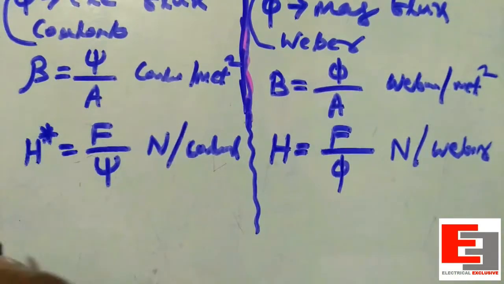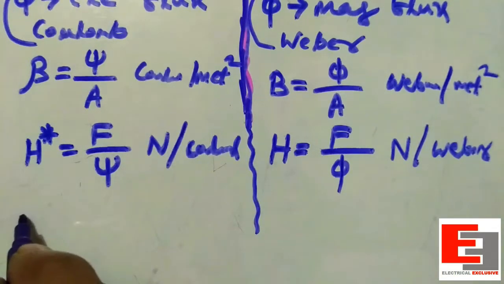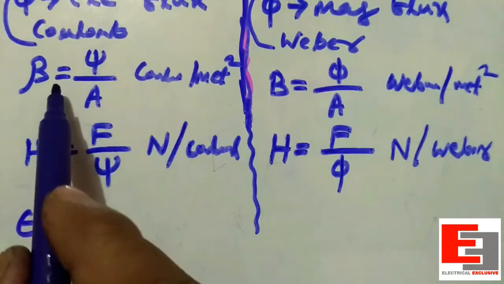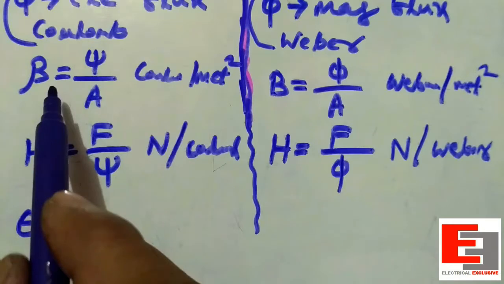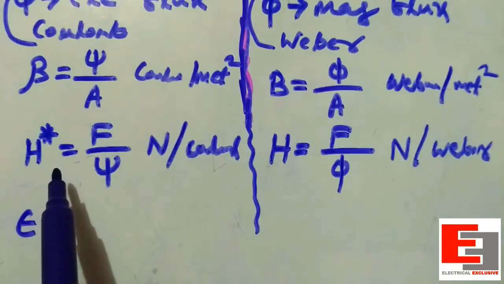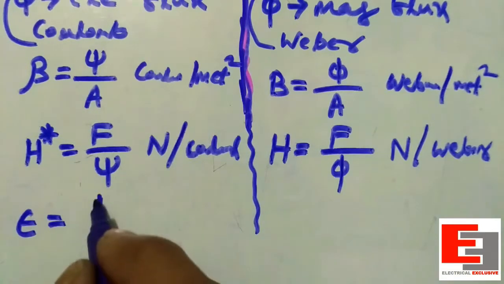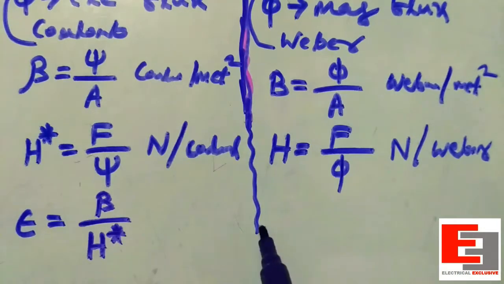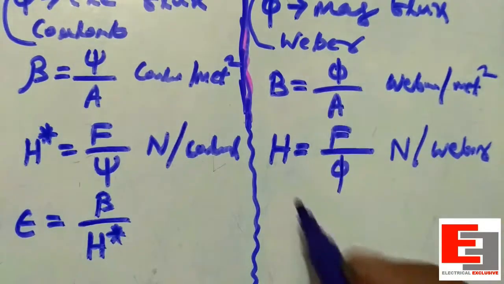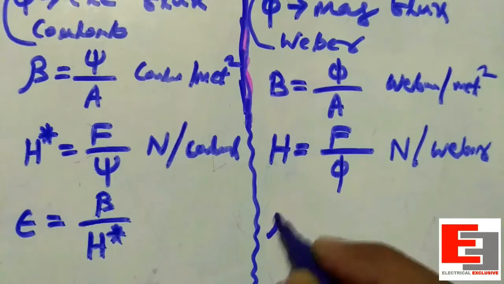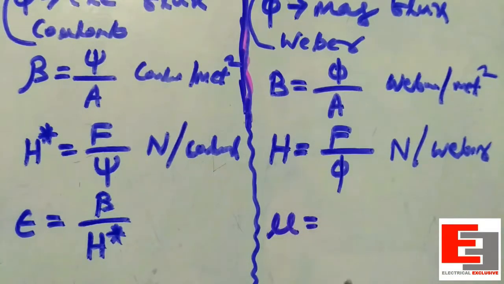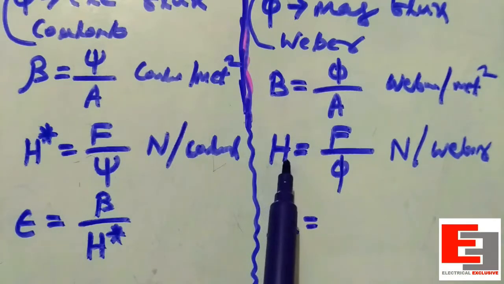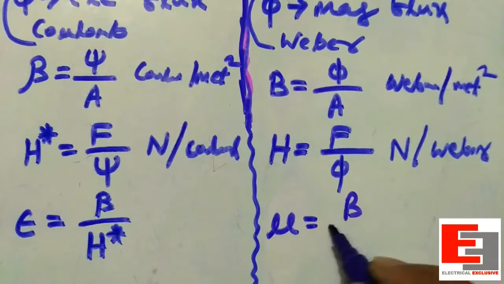From these two equations, we can easily find the permittivity, that is epsilon, which is equal to the electric flux density divided by the electric field intensity, that is D by H star. Come to this side. From these two equations, we can find the permeability, that is mu. Mu is equal to the magnetic flux density divided by the magnetic field intensity, that is B by H.